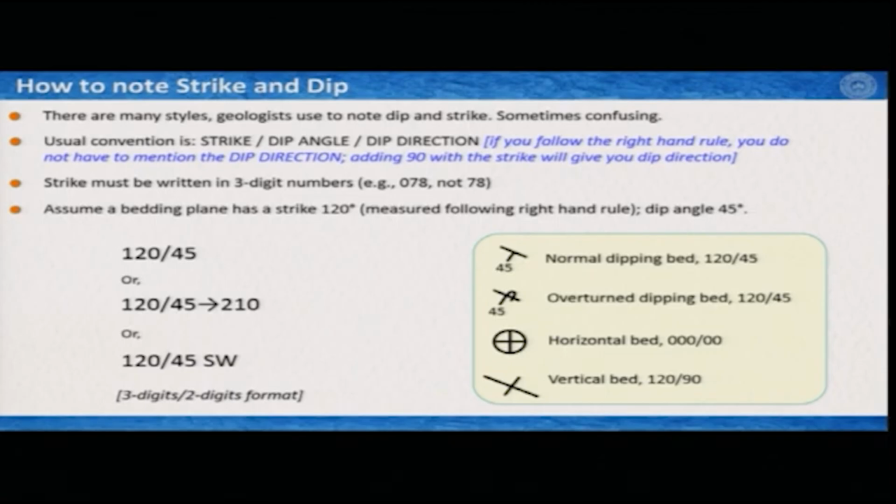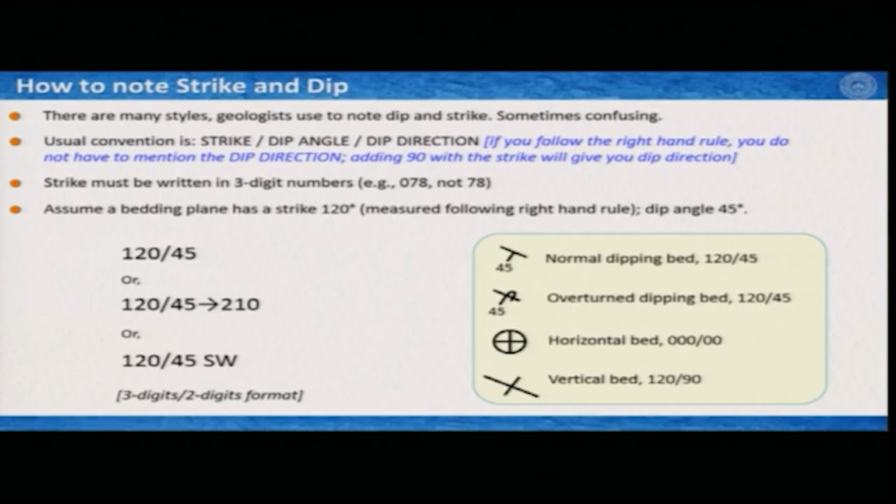There is also a very important convention that you have to remember when you write strike or anything you are measuring on the horizontal plane. That means any azimuth you have to write using 3 digits. So, if your strike is 78 degrees, do not write 78, write 078. So, it must be in 3 digits.